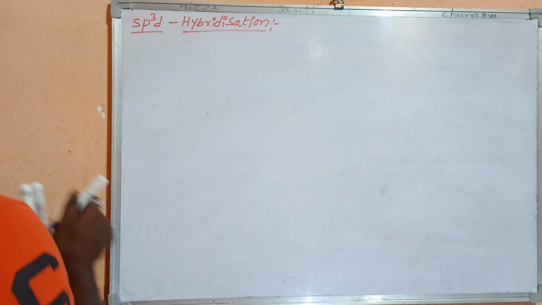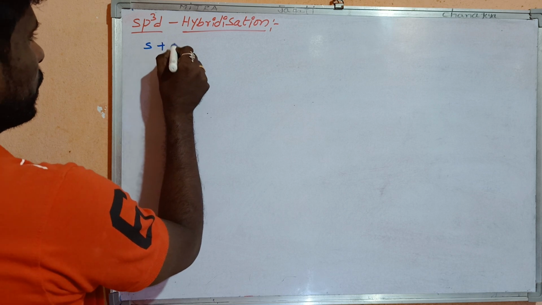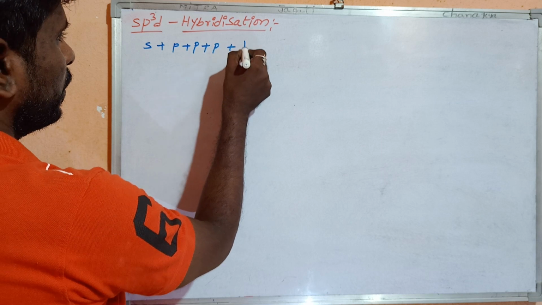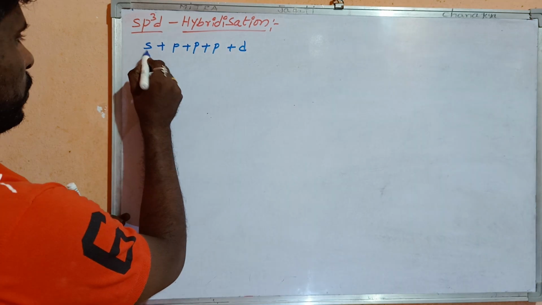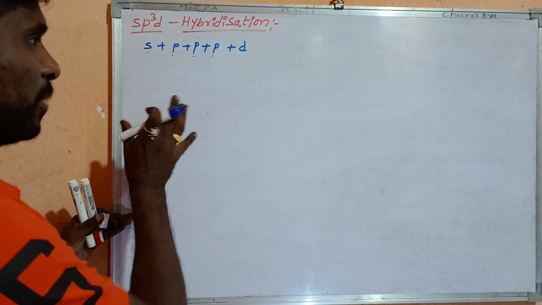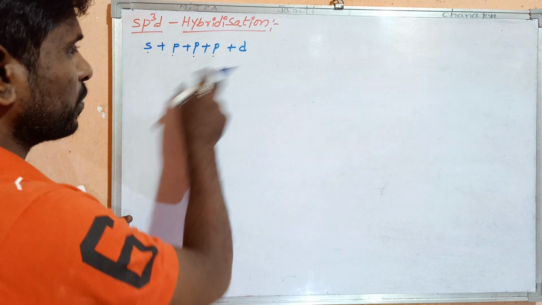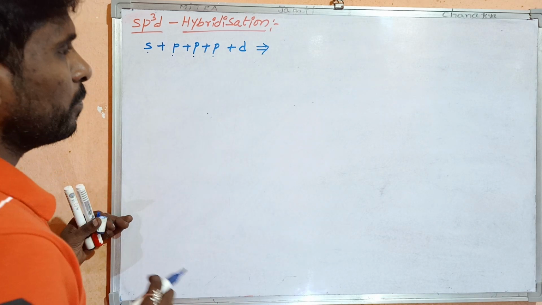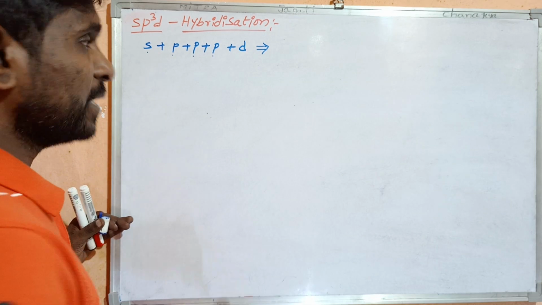In this hybridization, one s orbital, three p orbitals, and one d orbital, totally five pure atomic orbitals, intermix each other to form the same energy, same shape, and identical orbitals.